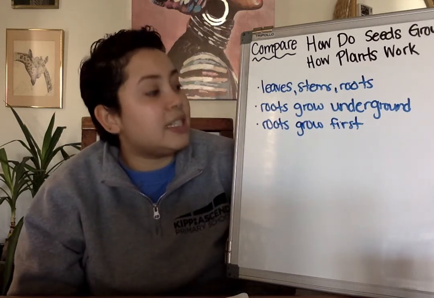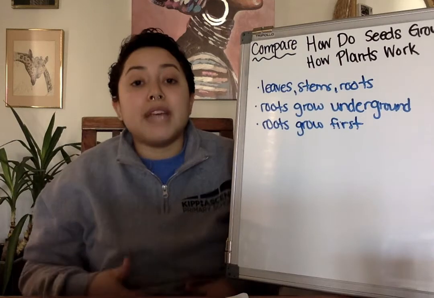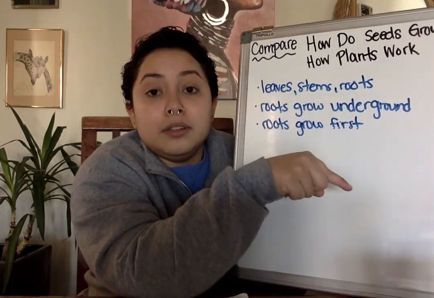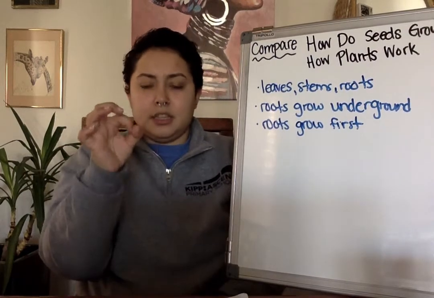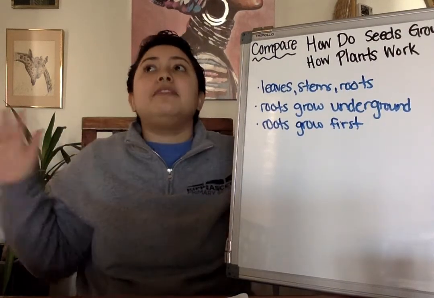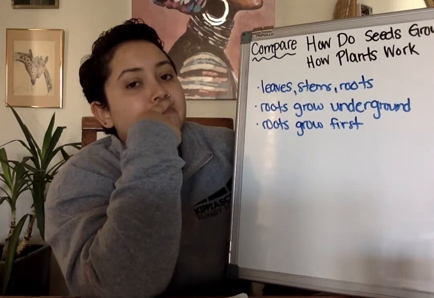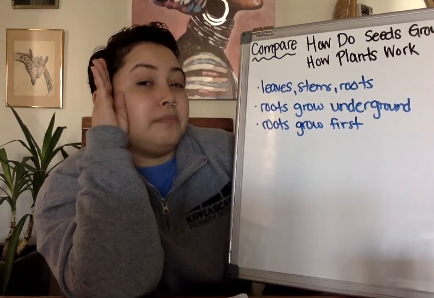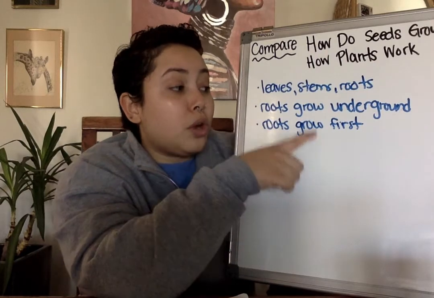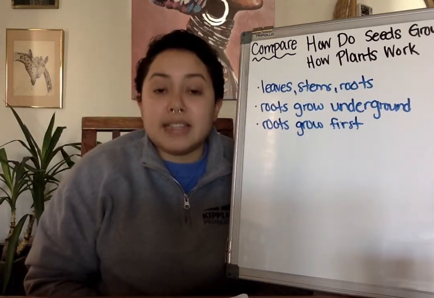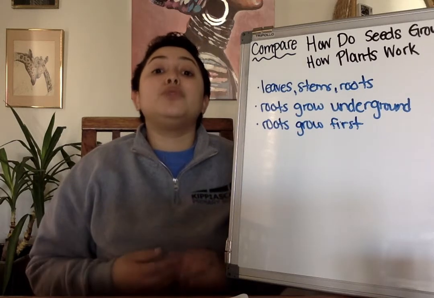Now, the next thing that I noticed is that both texts talk about how roots grow underground. Remember, the seeds sprout roots, and that's the very first thing that starts to grow. Now, I think I just gave the next one away. Roots grow first. In both of the texts that we read, I heard that roots grow first.